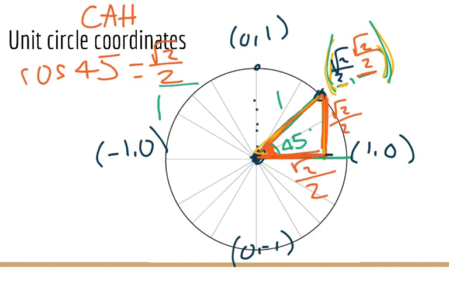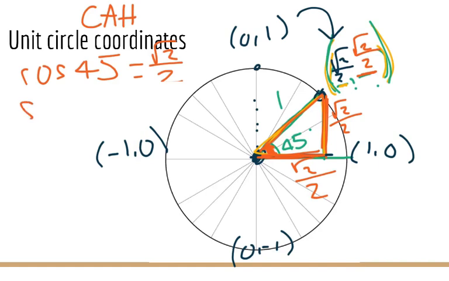Well, over 1 doesn't really matter, so you can basically just take that part off, which tells me that the cosine is this right here. It ends up always being the x value of these coordinates that we found. Let me do another example, because you might be wondering, why is it not the y value since they're the same? And we'll see that better once we do a different angle besides 45.